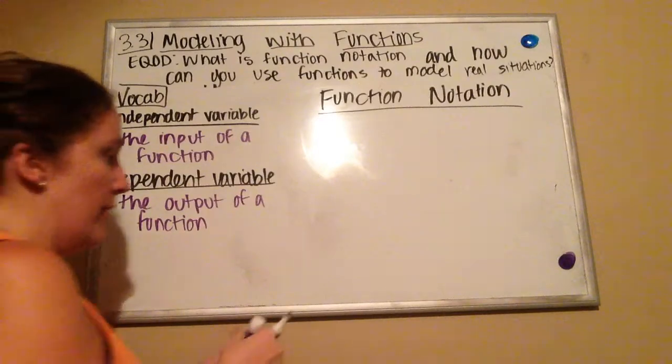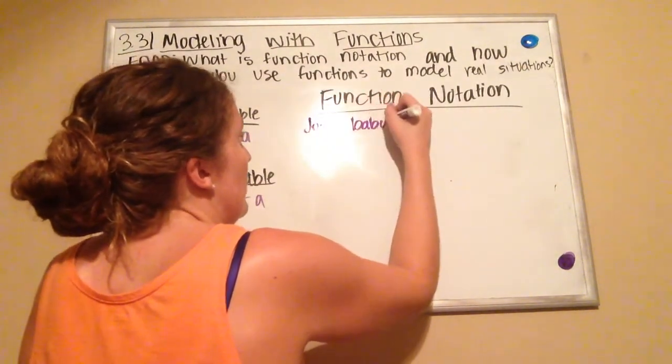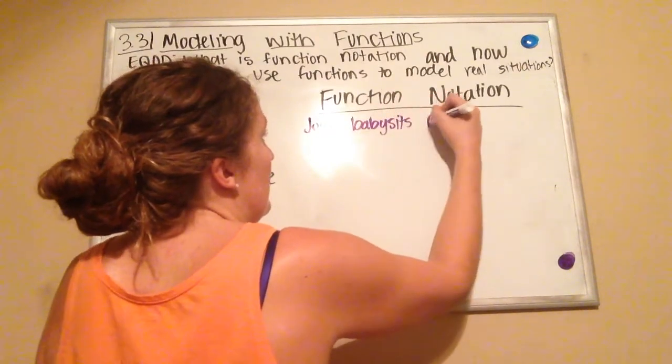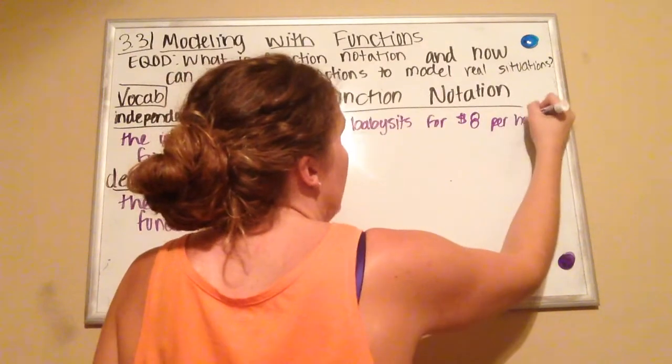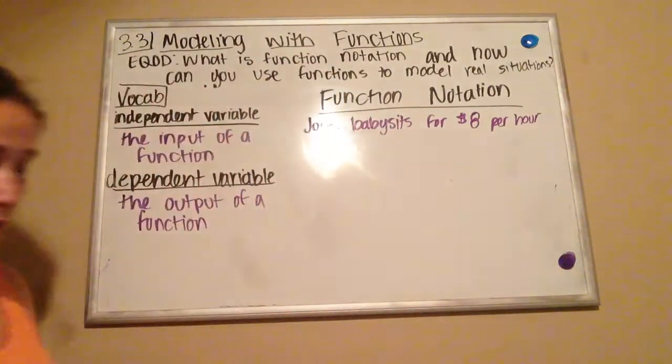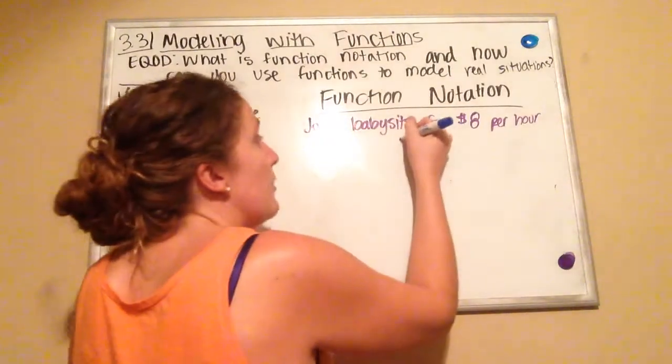So if we look at this situation, Jose babysits for $8 per hour. So he charges $8 an hour when he babysits. Okay? So we're going to look and see what we saw before.